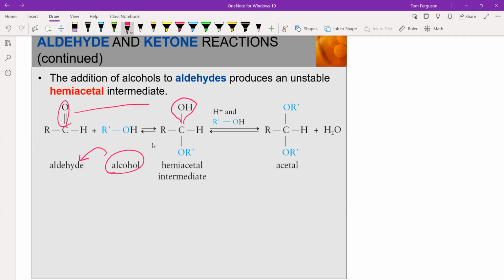So this goes to the alcohol, and the alcohol tags onto that carbon. And you form a hemiacetal.